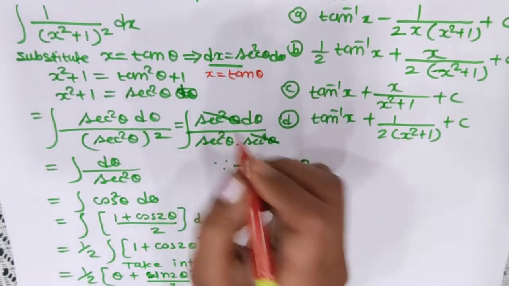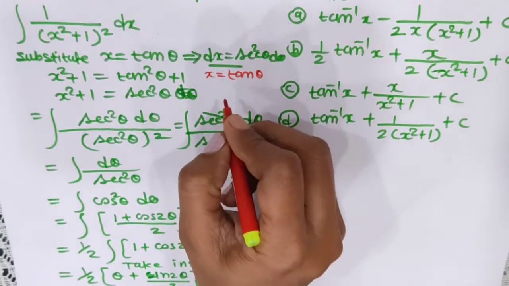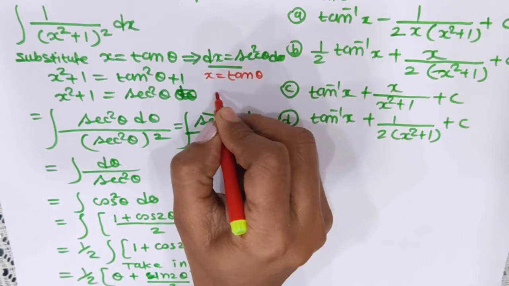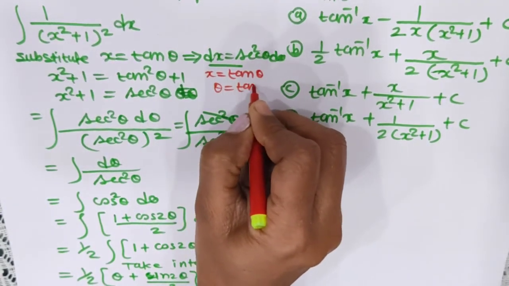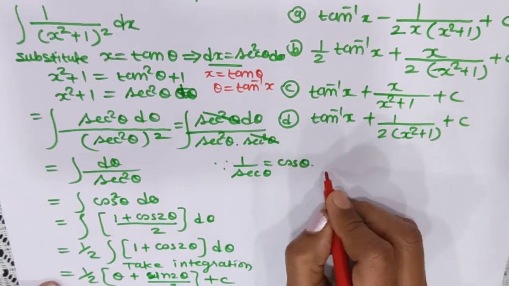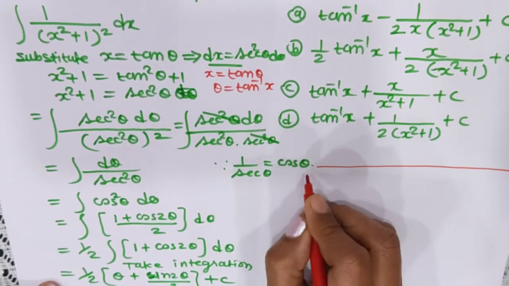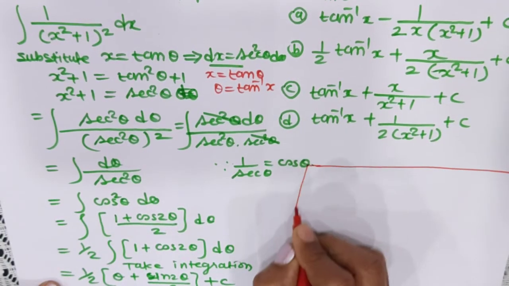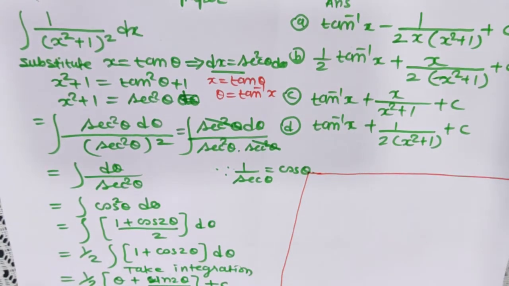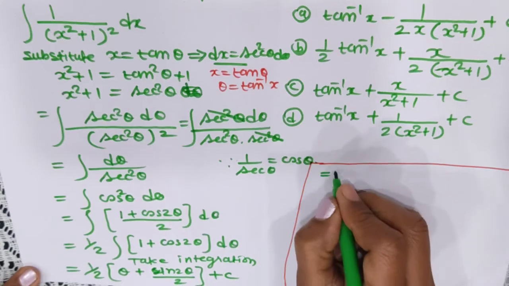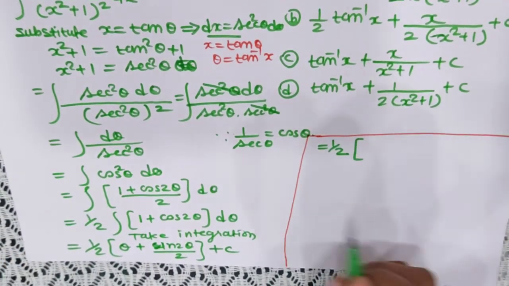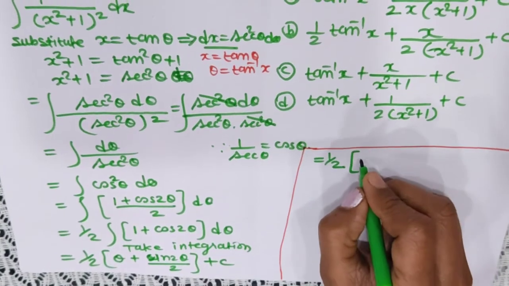So theta equal to tan inverse of x. Now resubstitute. After resubstituting, 1 by 2 as it is, theta means tan inverse of x.